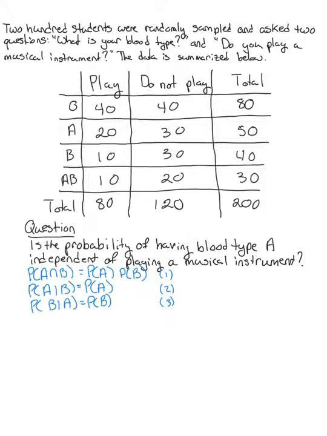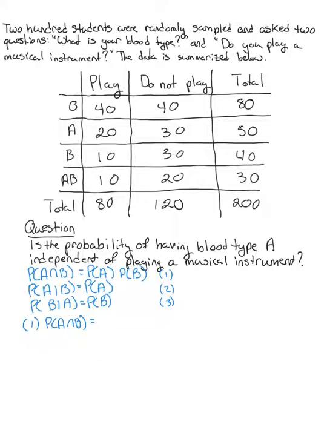So using the first one, the probability of A and B, in order to figure this out, all probabilities can be turned into a ratio.